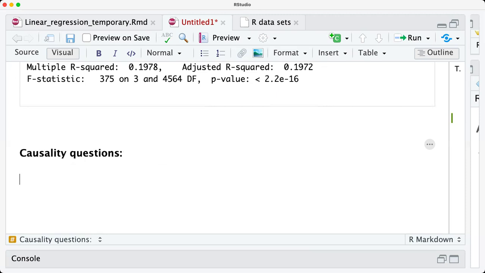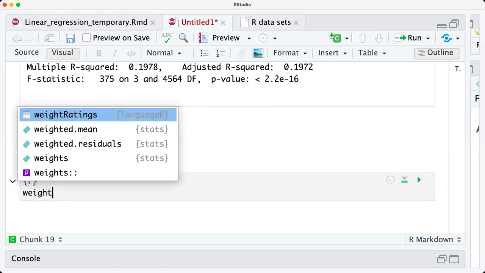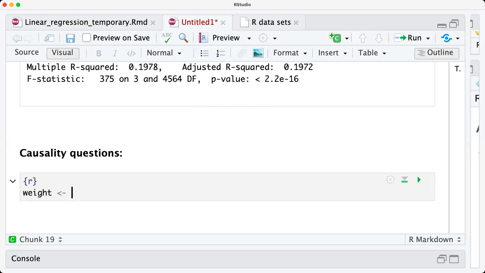If you look at some data, for instance, we have a variable weight, which has some values, let's say 20, 30, 10, 35, 25.